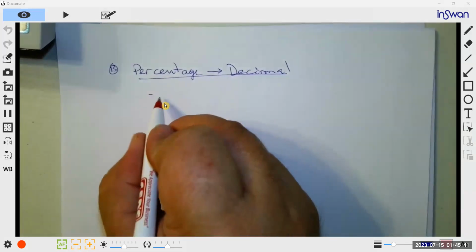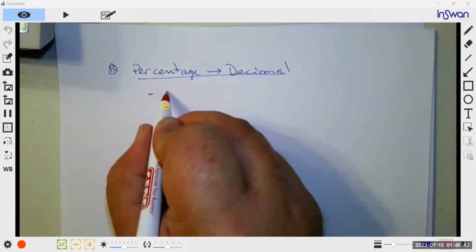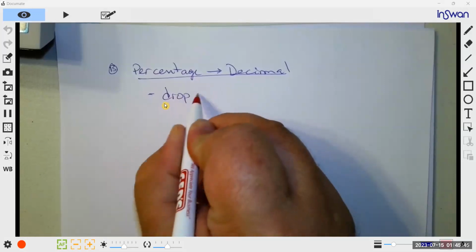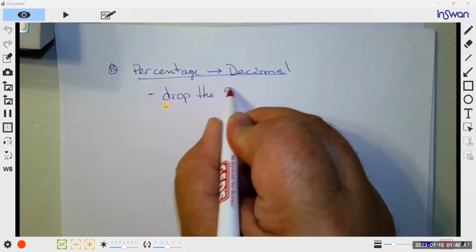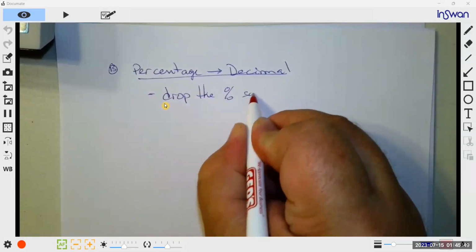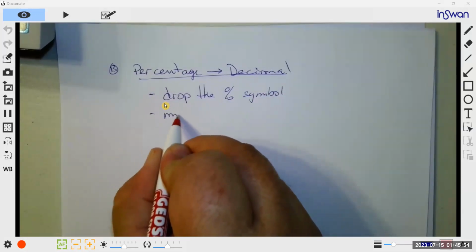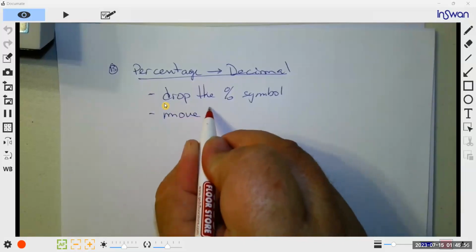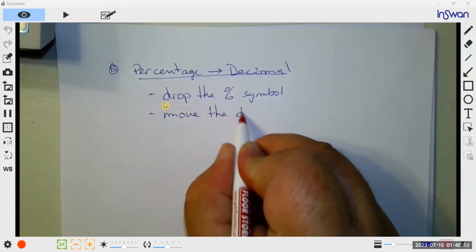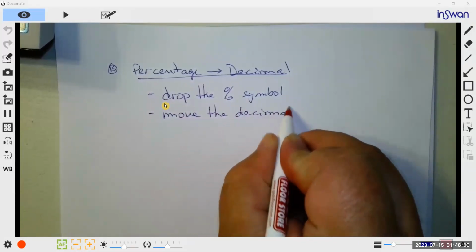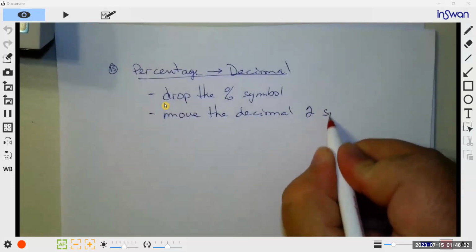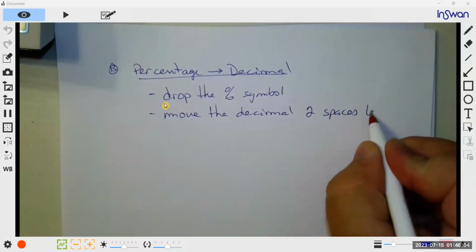First off, drop the percent symbol. Move the decimal 2 spaces left.